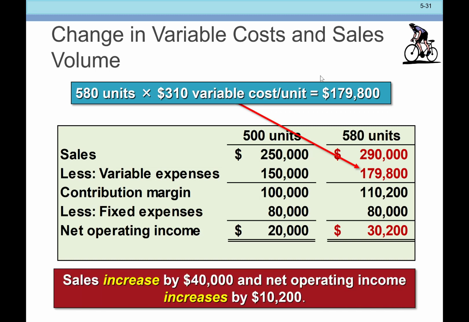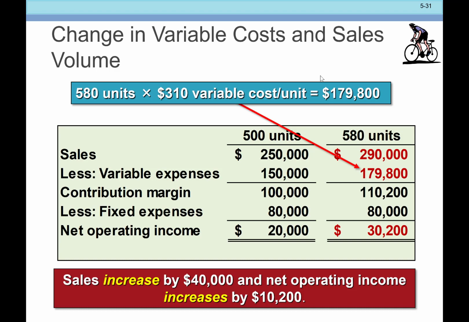And it's what? It's 580 bikes now times 500 would generate revenue of 290,000. It's what? It's 580 times now the variable cost went from 300 to 310, so that's going to give me 179,800, and then I go ahead and I have a contribution margin here of 110,200.